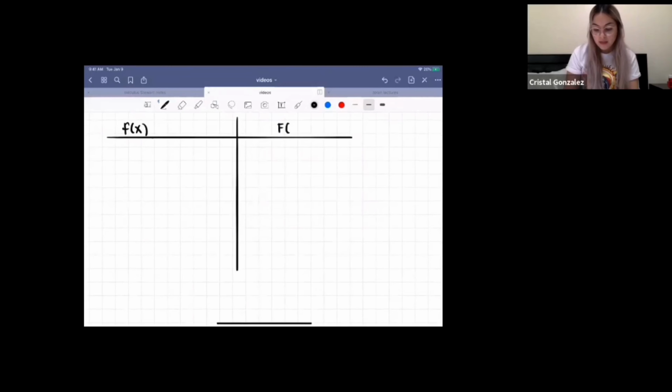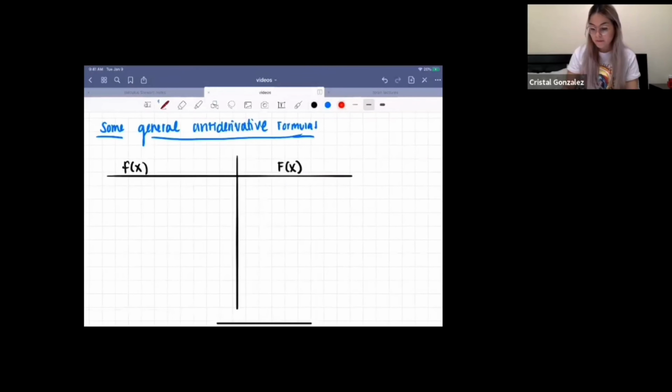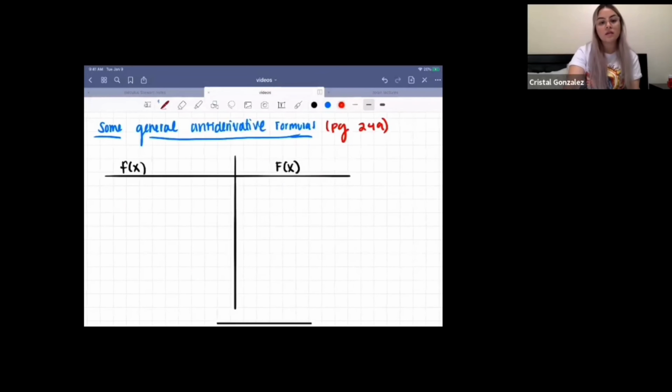And there are some in your textbook, I believe on page 249, because I'm not going to go over all of them. I just wanted to go over the more complicated ones for now.